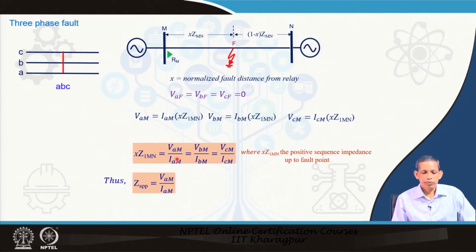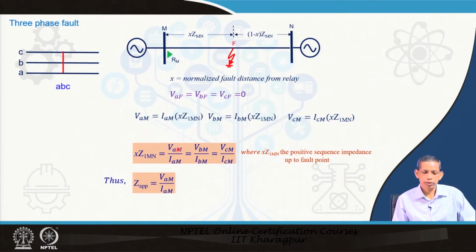So, for this fault, the corresponding Z1F, the positive sequence impedance up to the fault point which the relay calculates, can be obtained from the voltage and current of any phase. Therefore, the Z apparent which the relay has to calculate is nothing but this part.